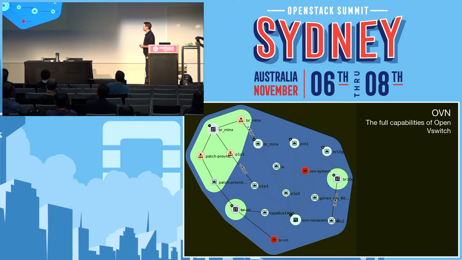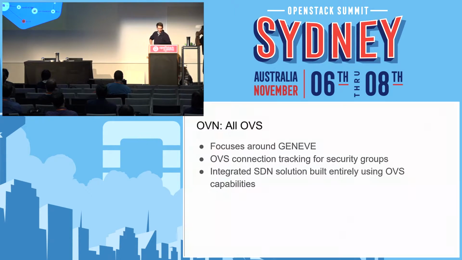The next stage we had a look at was Open Virtual Networking, and this is OVN. It uses OVS only, so it replaces Linux Bridge and the role that it had in the hybrid model with OVS connection tracking and a more sort of rich flow rules-driven environment. So this is something that is coming out now. It uses a couple of new technologies.